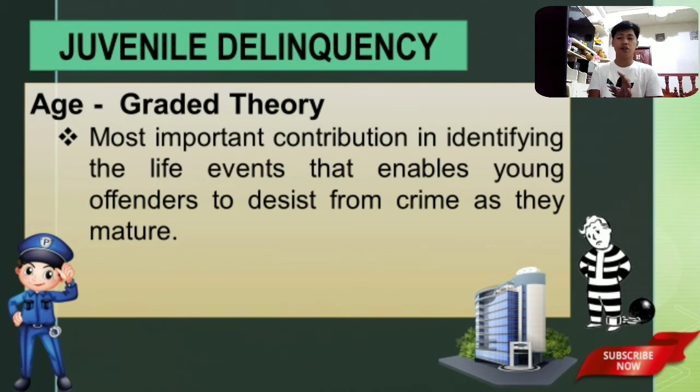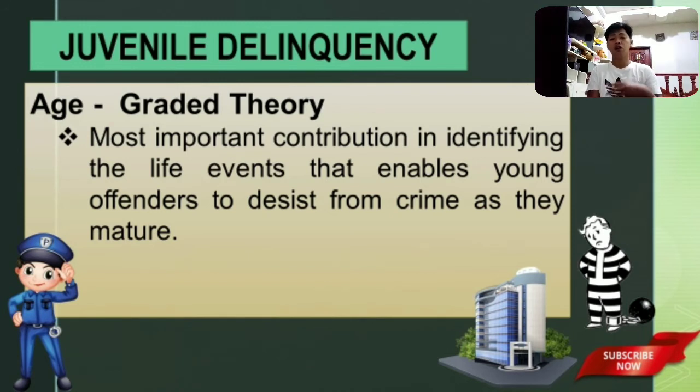So, under age-graded theories, we are trying to predict whether that person with that record, halimbawa na marami nang juvenile record, will continue his criminal behavior as I move forward into being an adult. So under age-graded theory, they're looking at a certain point in life where those who have past history with regards to commission of crime will continue or will desist from it.